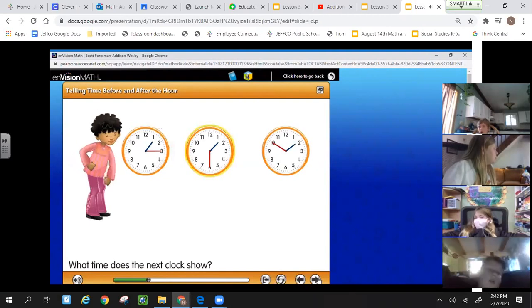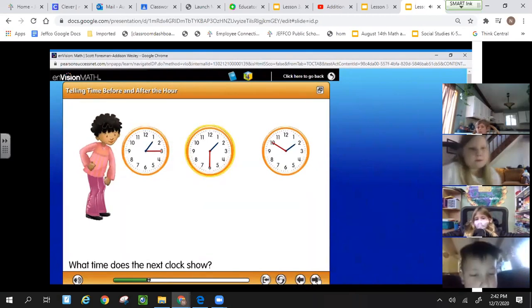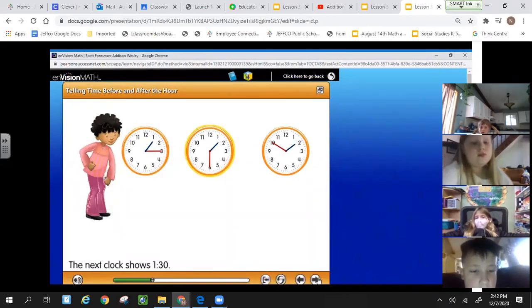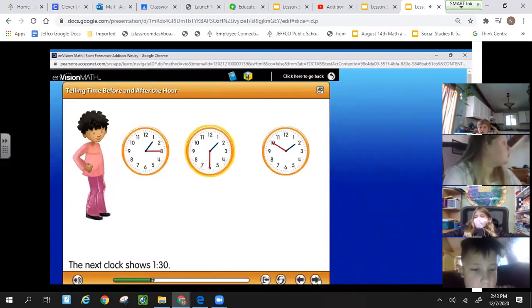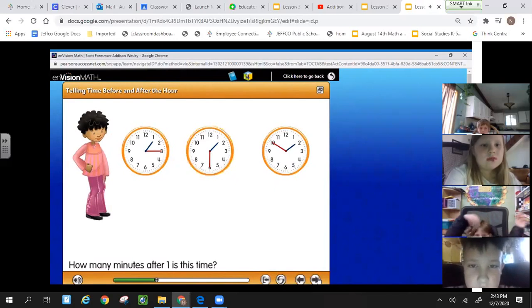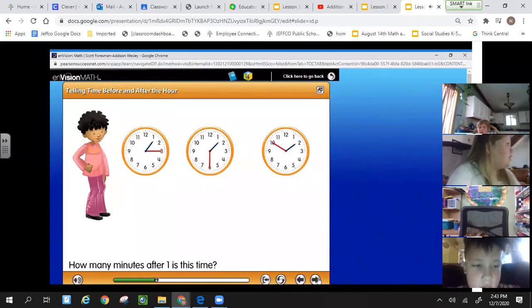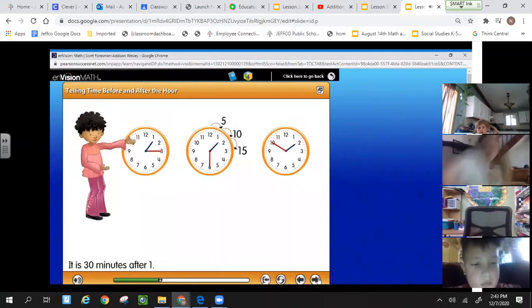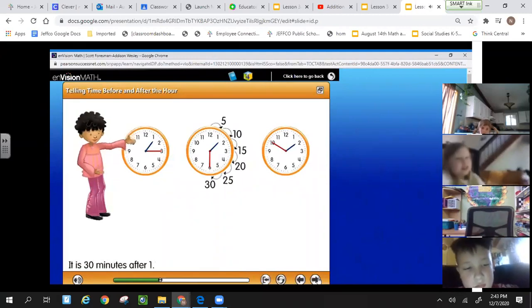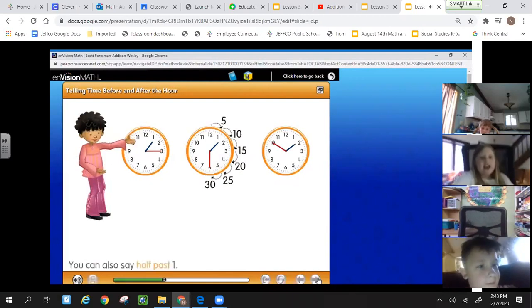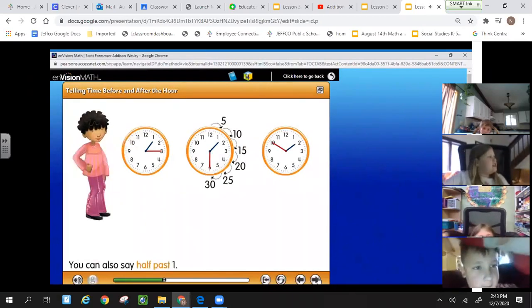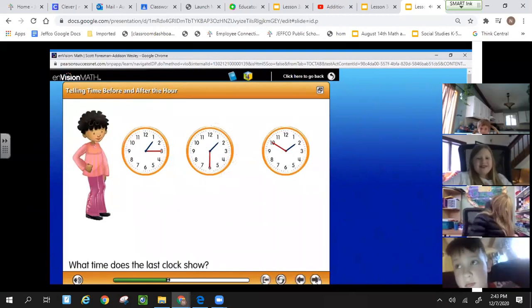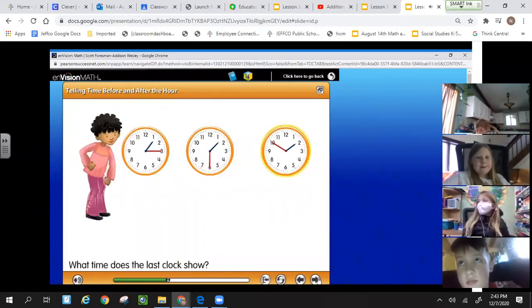What time does the next clock show? The next clock shows 1:30. How many minutes after 1 is this time? 30 minutes after 1. You can also say 1:30. What time does the last clock show?